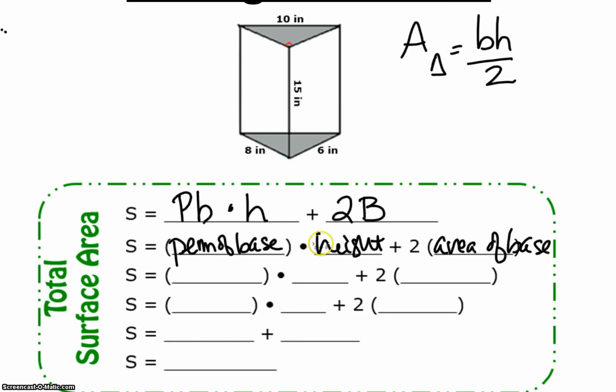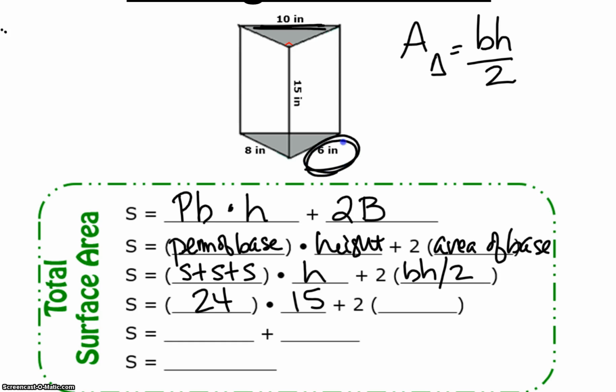So the perimeter of the base is side plus side plus side, times height, plus base times height divided by 2. Side plus side, so that would be 10 plus 4 is 24, times 15. Base times height.